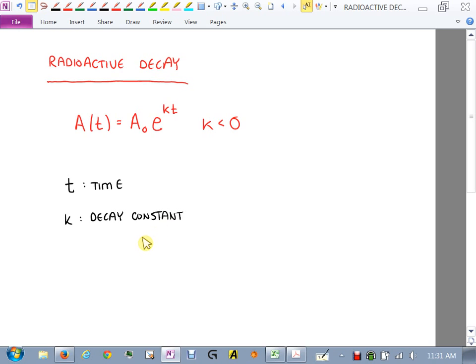In other words, the K is dictated by what it is that you're looking at. If it's uranium versus some carbon-14, just depending on what it is, they decay at different rates. This K dictates that rate. So that will change from substance to substance.